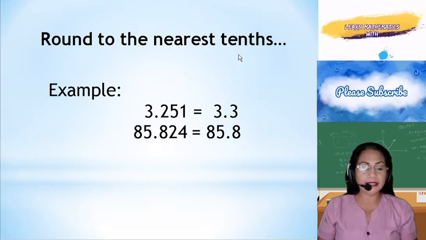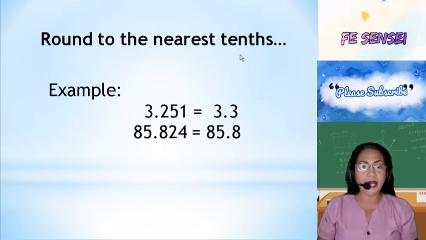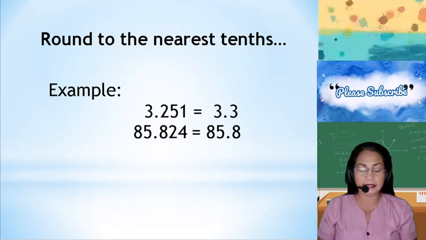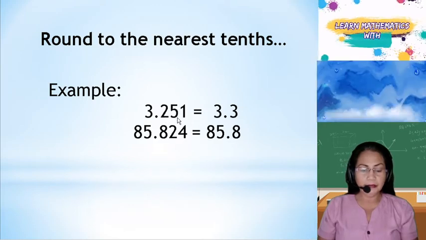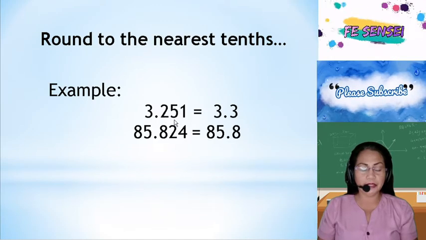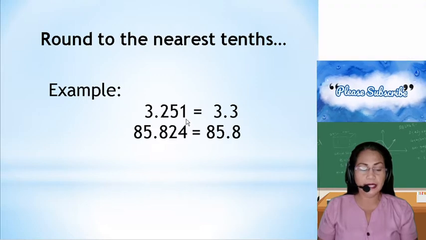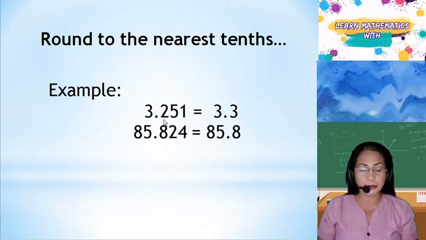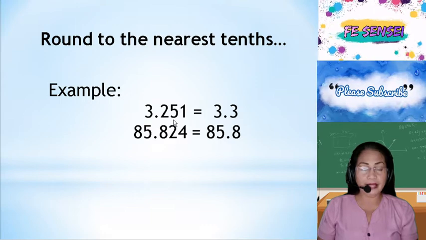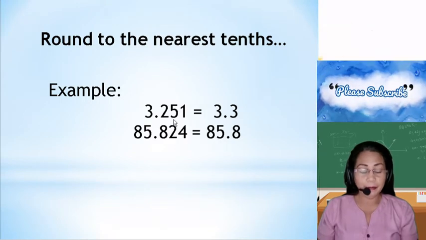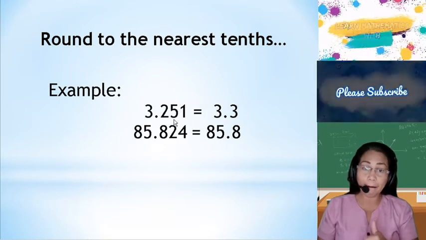Round to the nearest tenths. Identify the number in the tenths place. In number 1, the number is 3 and 251 thousandths. The number in the tenths place is 2. The number to the right is 5. So it's round up.